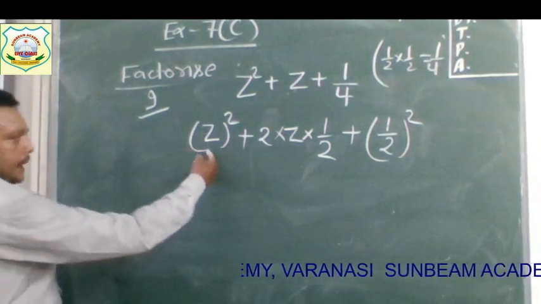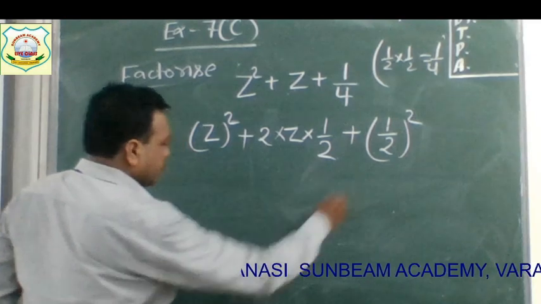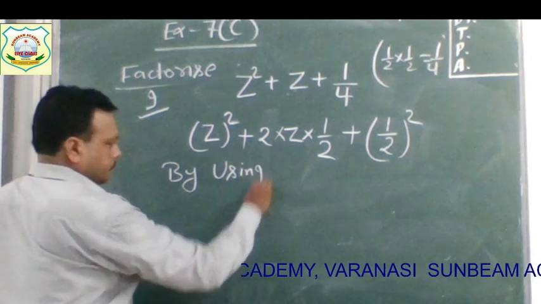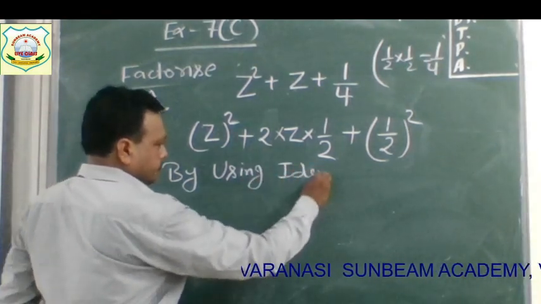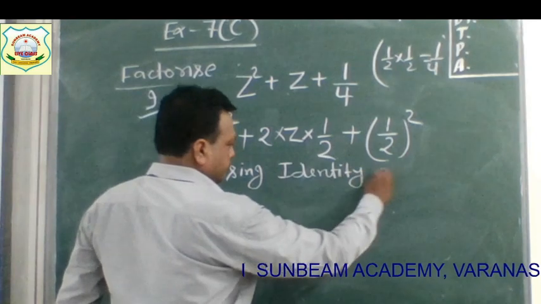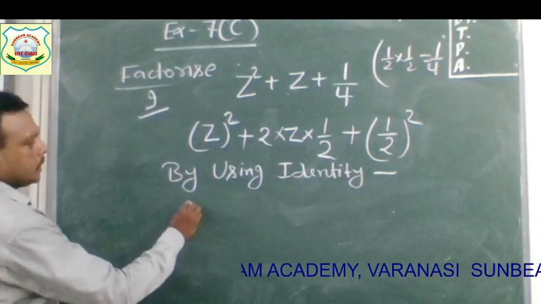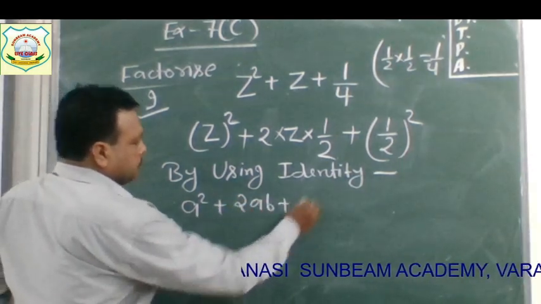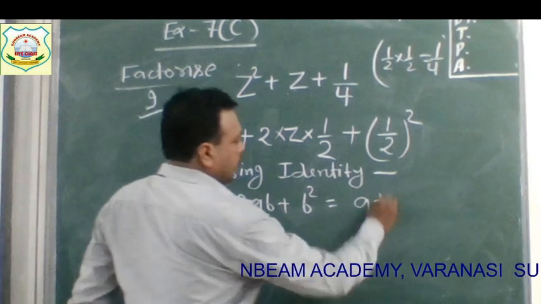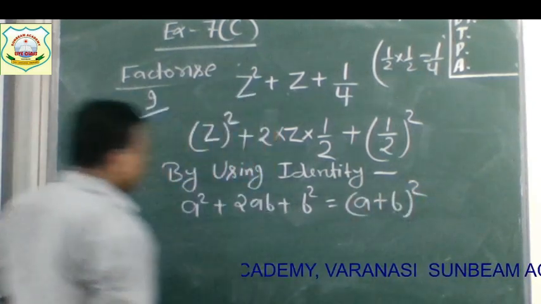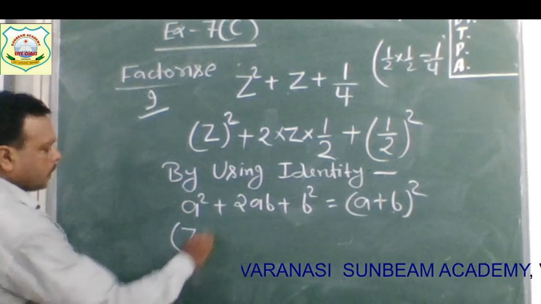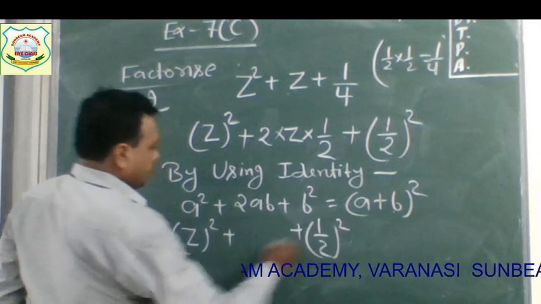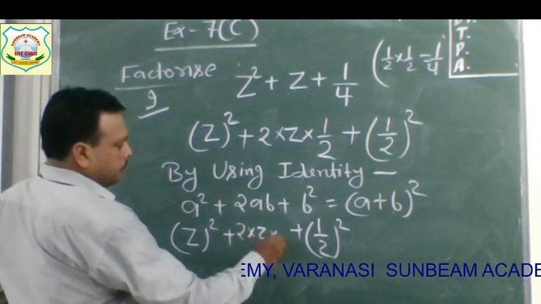So, the same identity is here, a square plus b square plus 2ab. So, by using the identity a square plus 2ab plus b square, that is a plus b whole square, a square, that is z whole square, plus 1 upon 2 whole square, 2 multiply z multiply half.